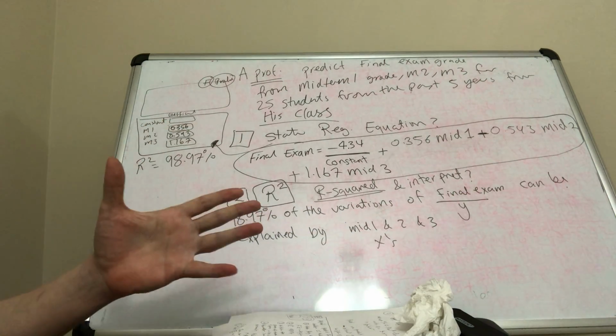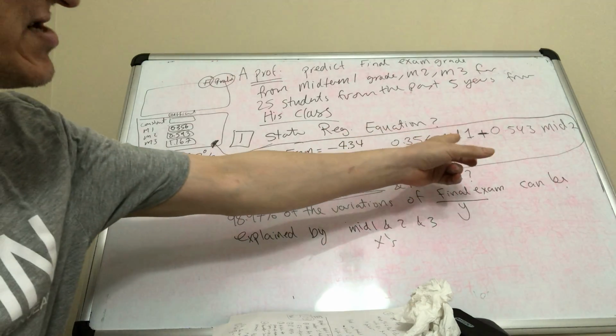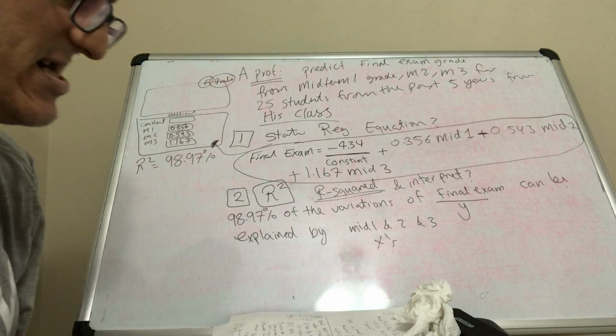So the variation of y can be explained by x's, and the x's you have mid 1, mid 2, and mid 3.